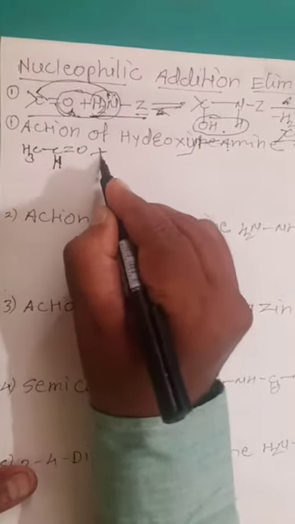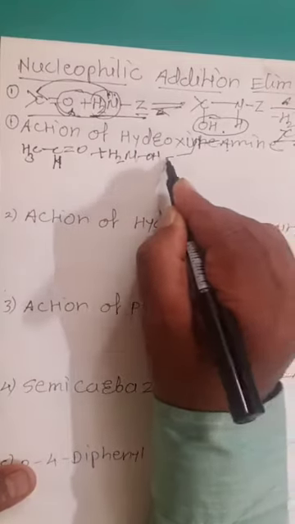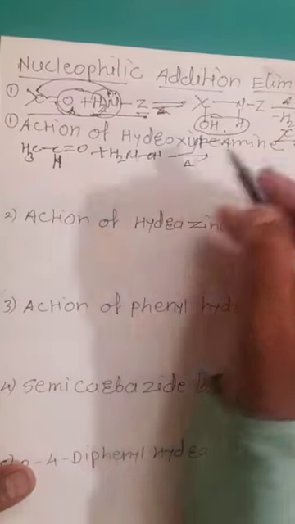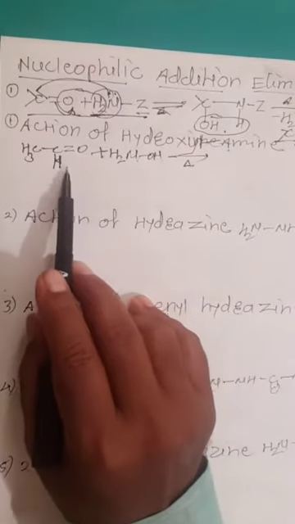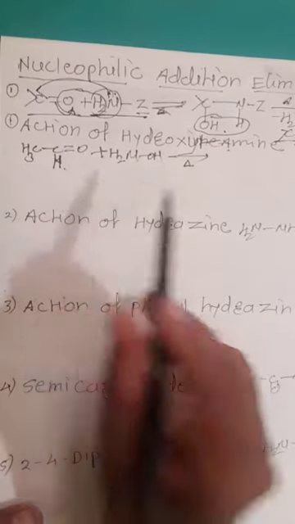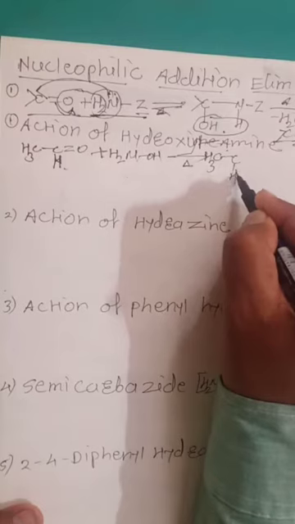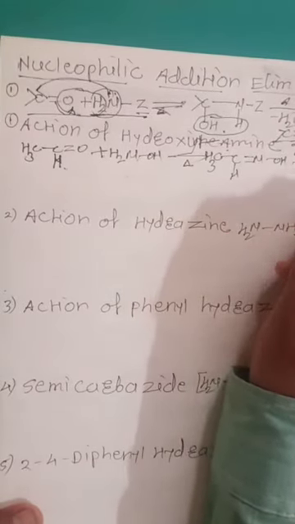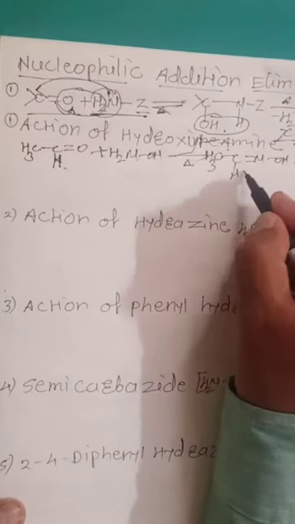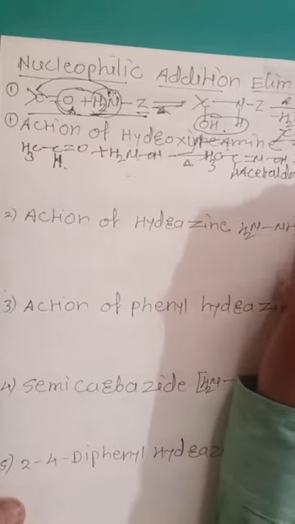When acetaldehyde is treated with H2NOH, that is hydroxylamine, and heated, nucleophilic addition takes place followed by removal of water molecule and we get product CH3CH double bond NOH plus H2O. This is called acetaldoxime.